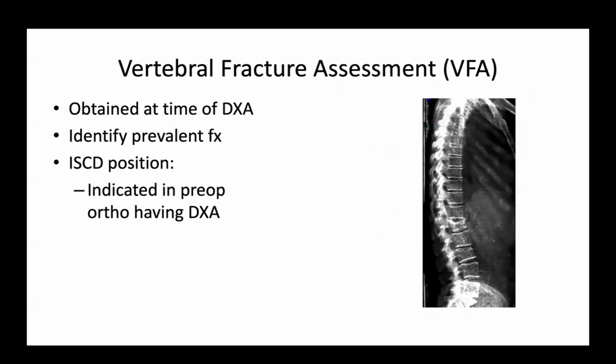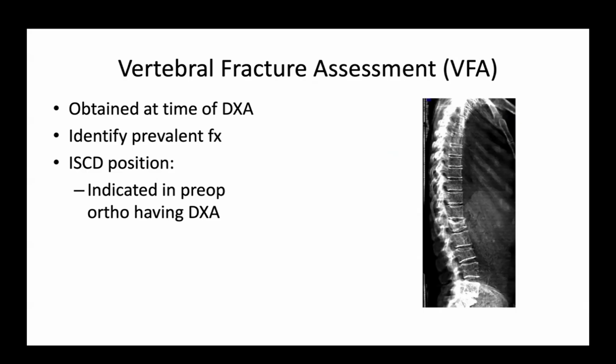Another simple test is a vertebral fracture assessment, or VFA. This is done at the time of DEXA by lying the patient in a decubitus position, and then the patient is scanned up and down the spine. Usually we're seeing T4 to T5 to L4, and the idea is to look for occult fractures.